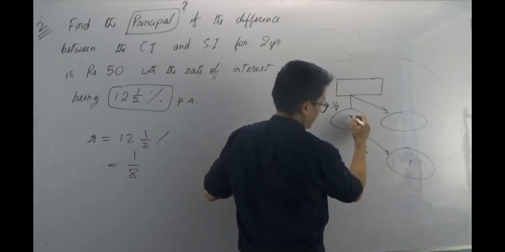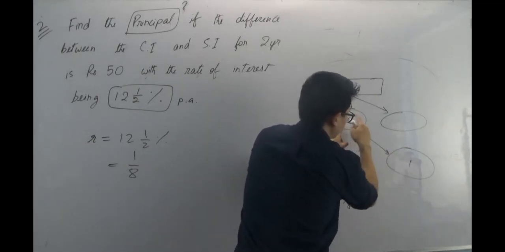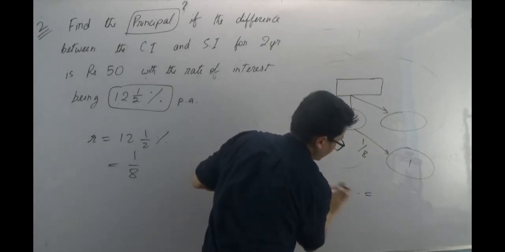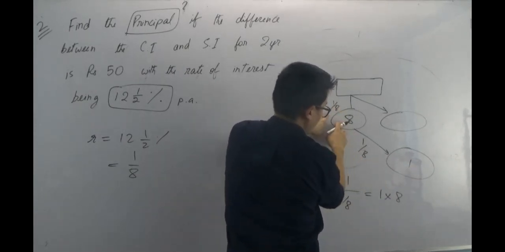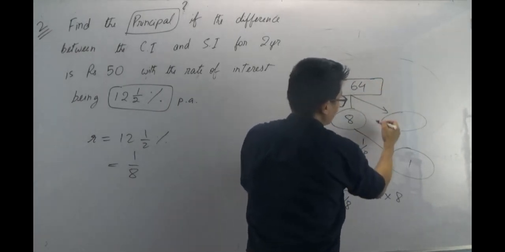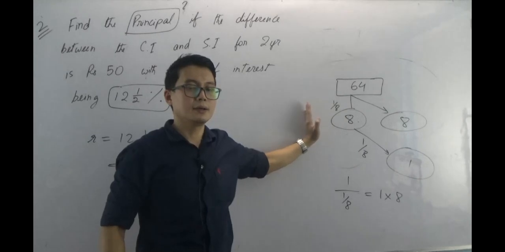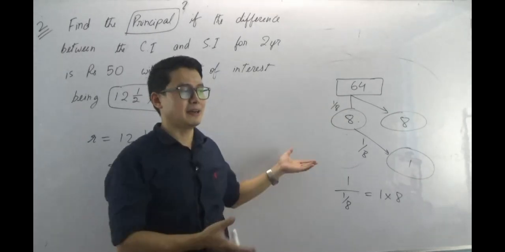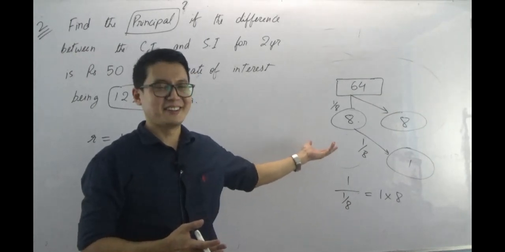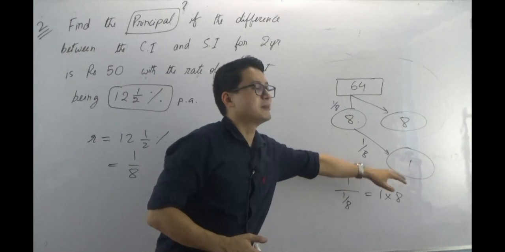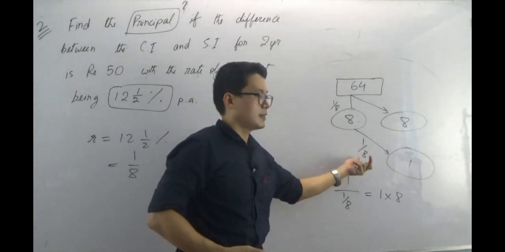To divide by 1/8, you can take the inverse of the denominator and multiply.